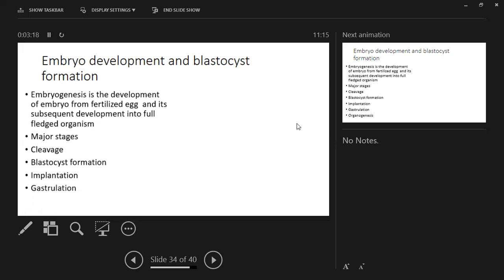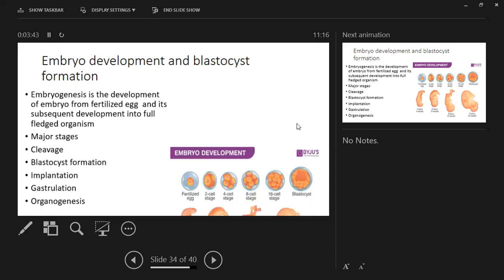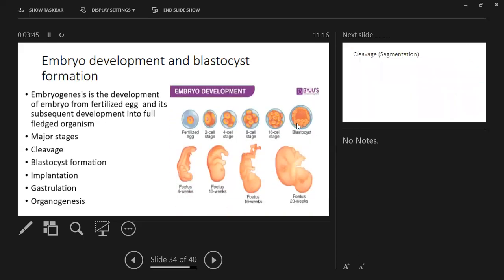Then there is gastrulation. There is a structure called the gastrula, which is formed. Just like the blastula, there is the gastrula. Blastula formation means there is a structure called the blastula. Gastrulation, there is a structure called the gastrula. And then organogenesis. What is organogenesis? Formation of different organs in the embryo. So this is the structure.